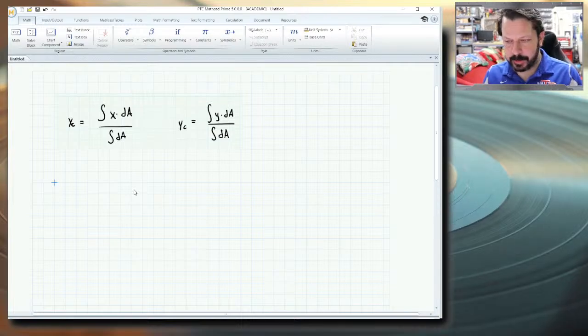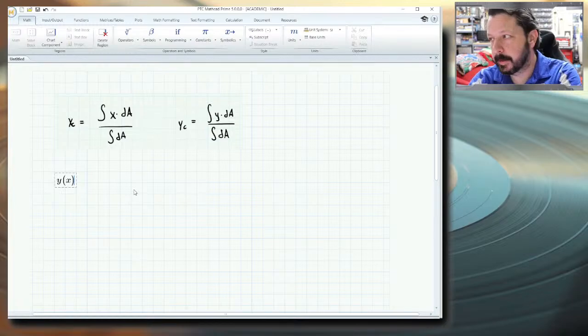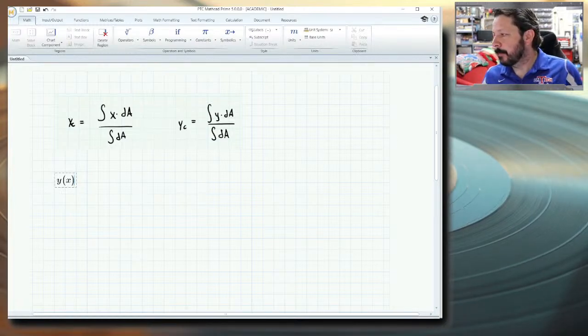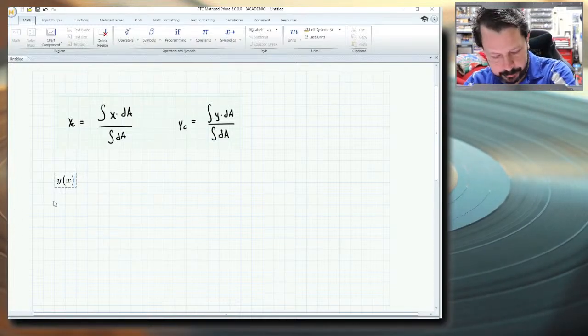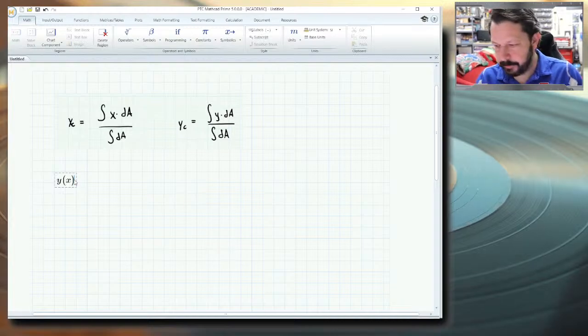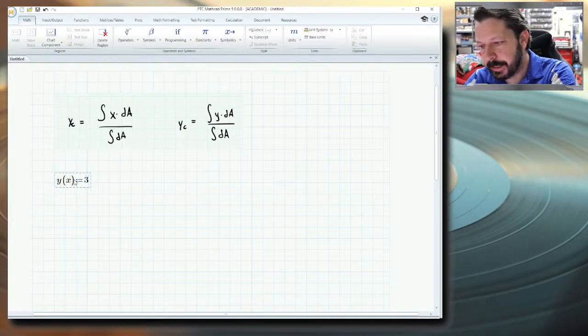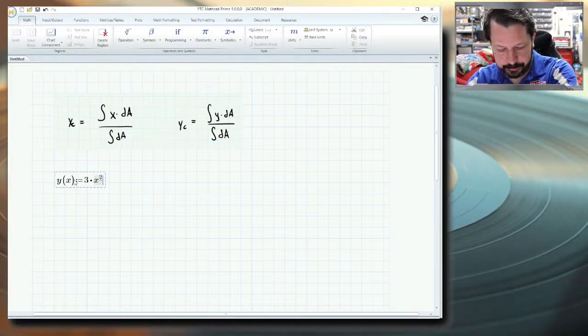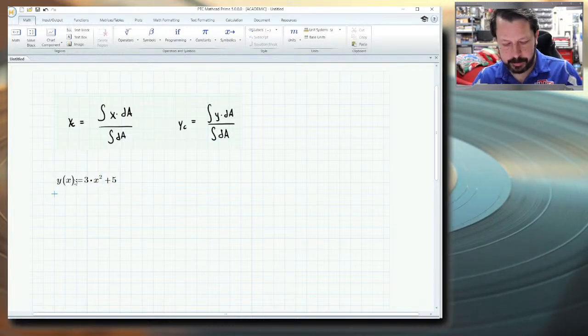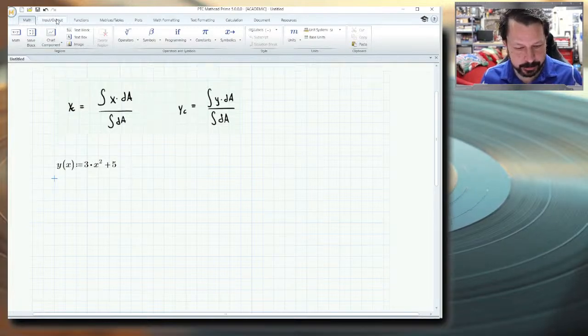And let's create an equation, y of x. I had one already picked out: y of x equals 3 times x squared plus 5. So let's plot that so we get an idea what it looks like.